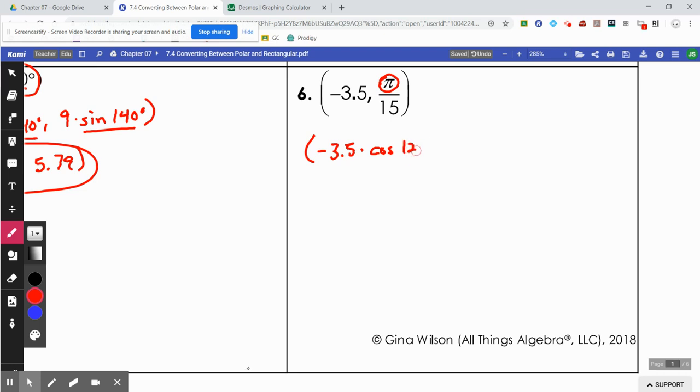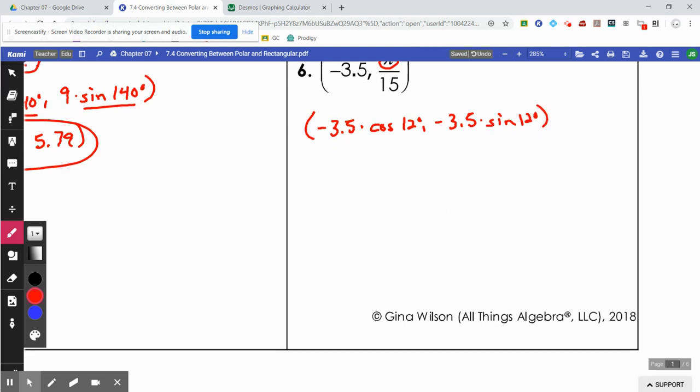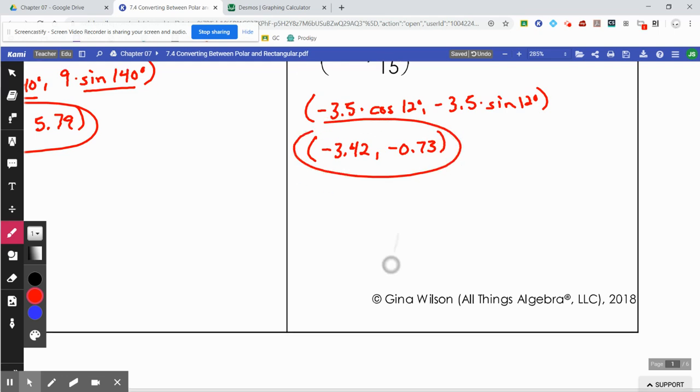So that'd be the cosine of 12 degrees, and your y value is r times the sine of 12 degrees. And again, it's entirely calculator work. Your x value is going to be negative 3.42, and your y value is going to be negative 0.73. There you go. And again, that's your rectangular coordinates.